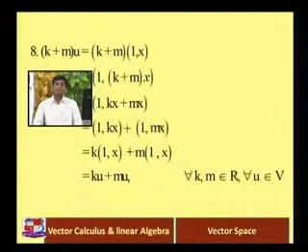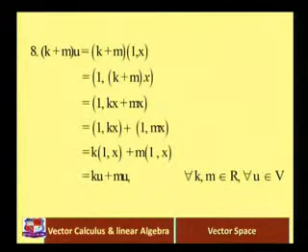(k plus m) into u is equal to (k plus m) into (1, x), that is equal to (1, (k plus m) into x). So (1, kx plus mx), because of the distributive law that we have in real numbers: (k plus m) into x is equal to kx plus mx. So that is equal to (1, kx plus mx), that is equal to (1, kx) plus (1, mx).